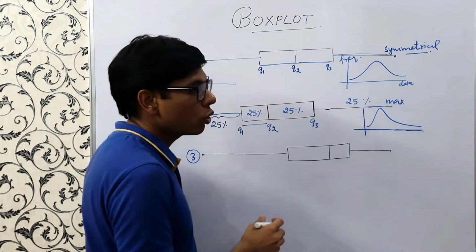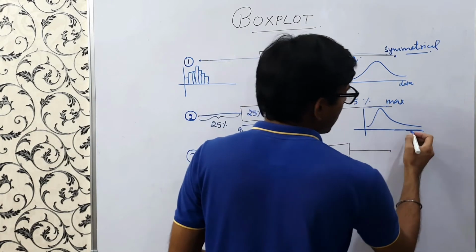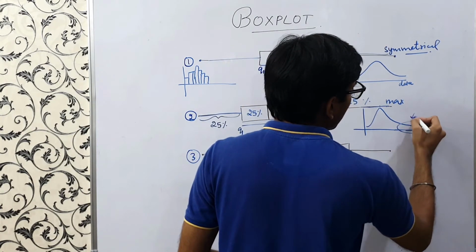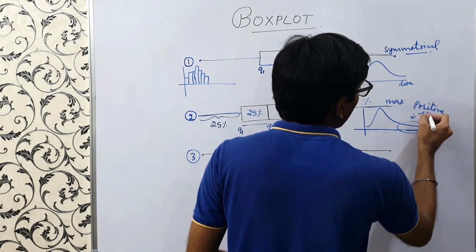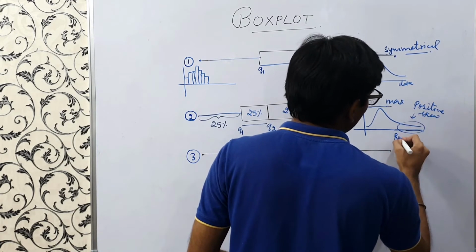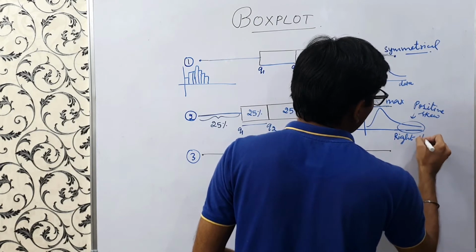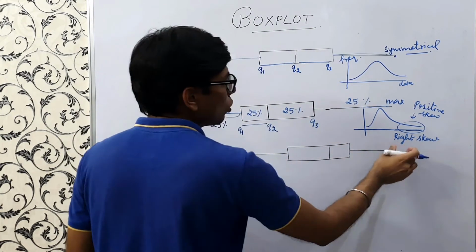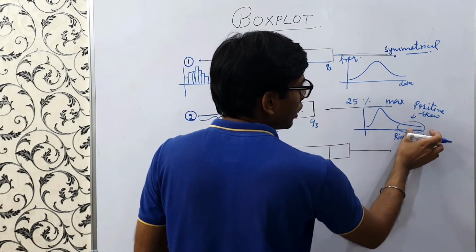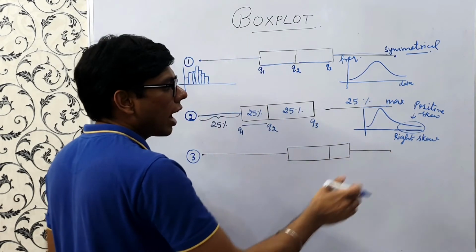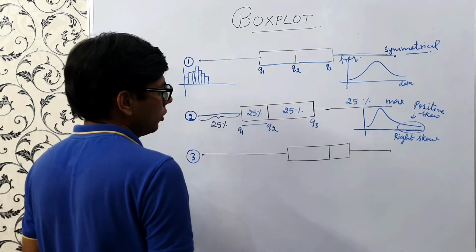In my earlier videos when I described skewness, this is a case of a positive skew or a right skew, right? Right skew because there are some observations which are outliers on the right side of the data, on the higher end of the data, right?